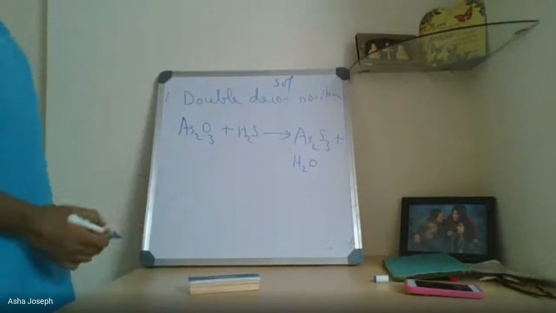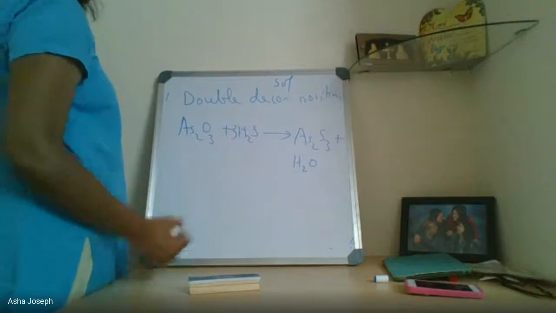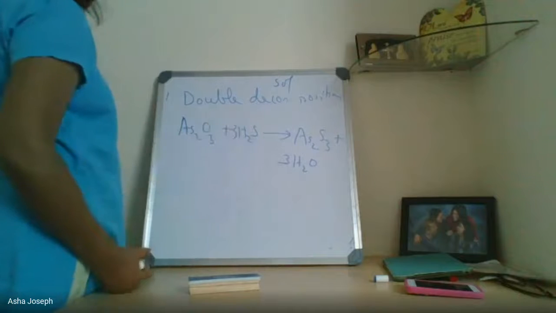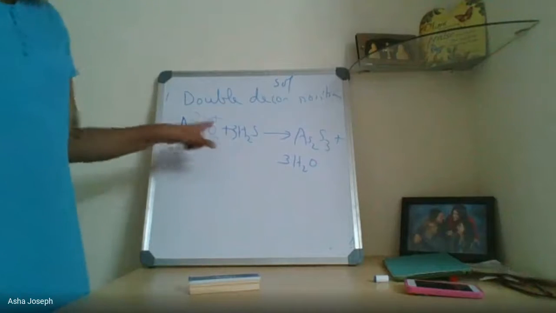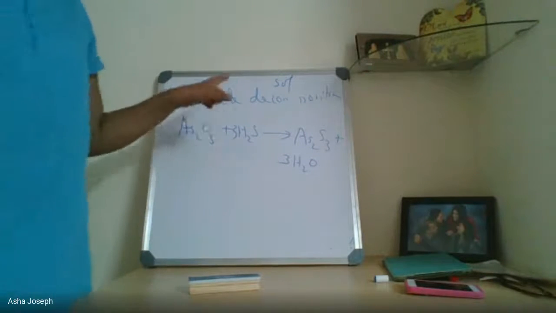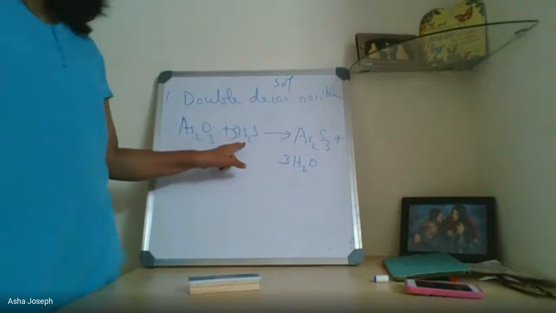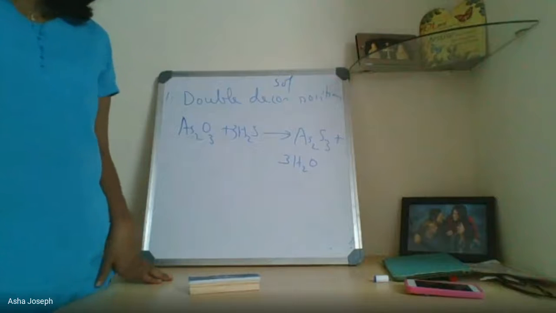And the 3 S here, so 3 H2S, and oxygen 3, so 3 water, it is balanced. So write and learn, this is double decomposition. Arsenic sulfide: you pass hydrogen sulfide through arsenic oxide. All of you learn.